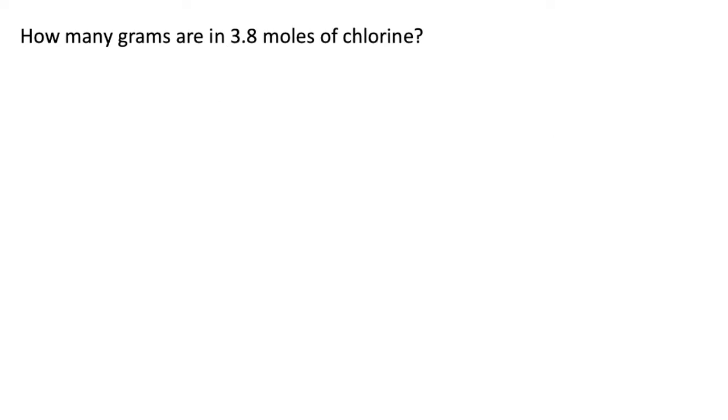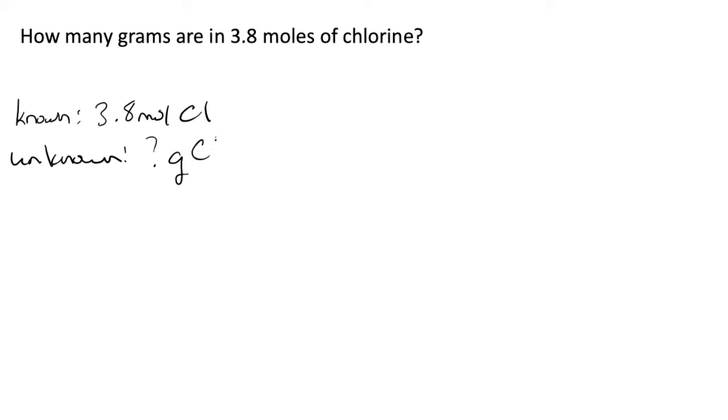Let's work another one. How many grams are in 3.8 moles of chlorine? Our known is 3.8 moles of chlorine, and our unknown is how many grams of chlorine are in 3.8 moles. So what would be the molar mass of chlorine?